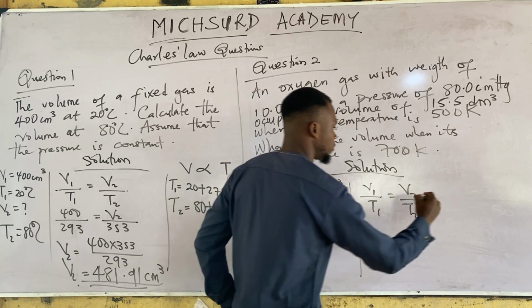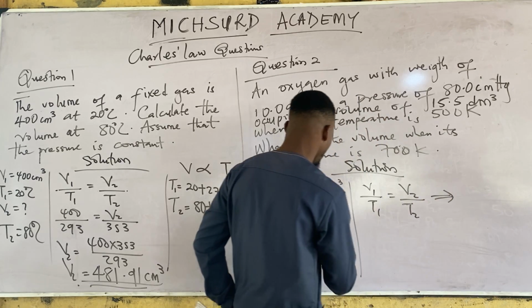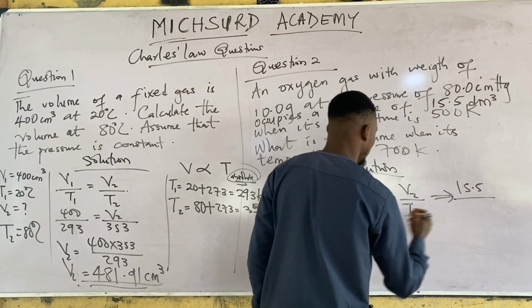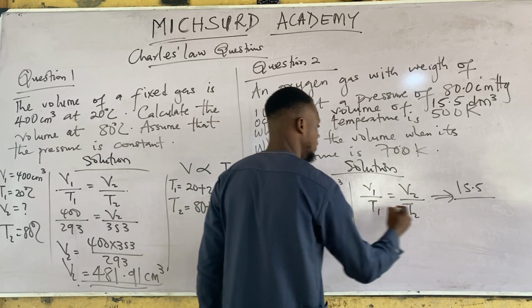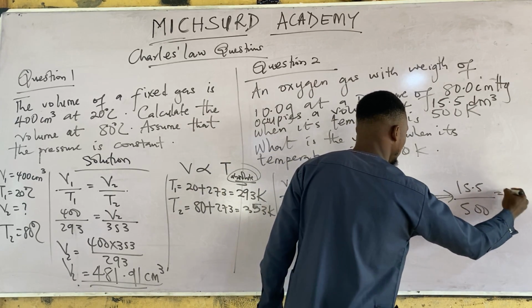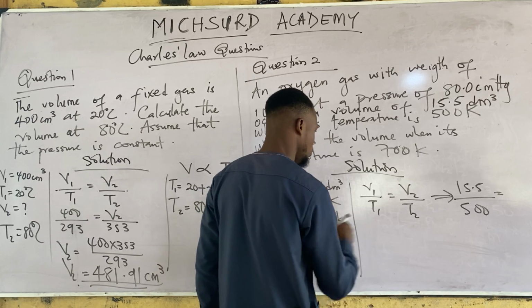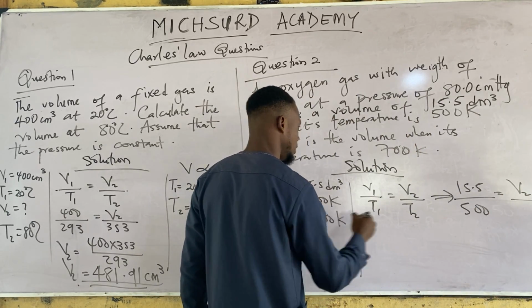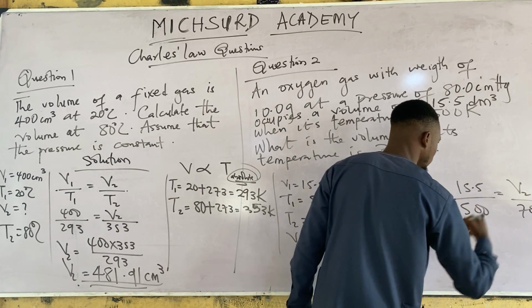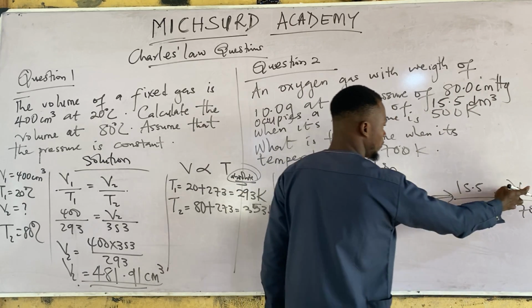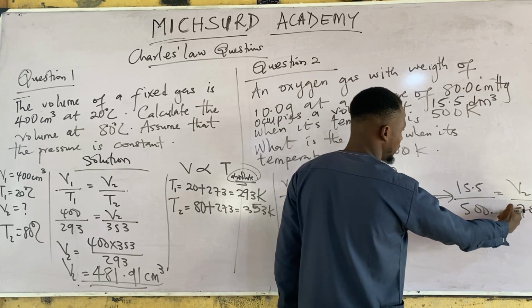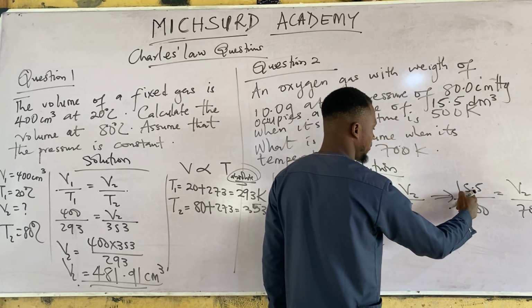So let's do the substitution. V1 is 15.5 over T1 which is 500, equal to V2, which we don't know and are looking for, over T2, which is 700 Kelvin. If we cross multiply to make V2 the subject, I will use 700 to multiply with 15.5.